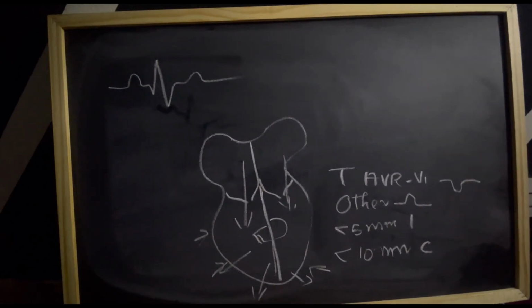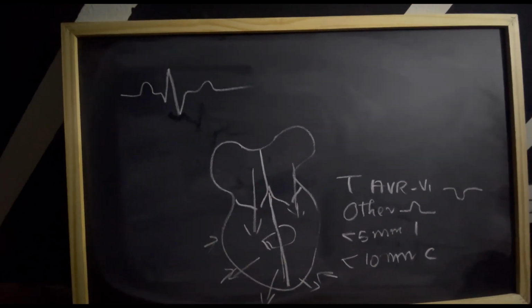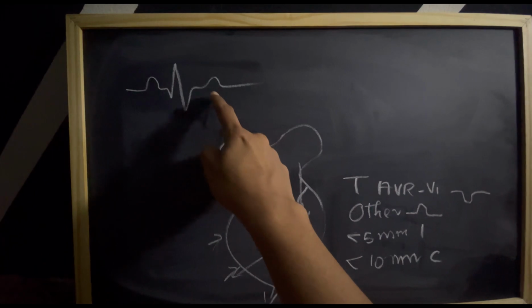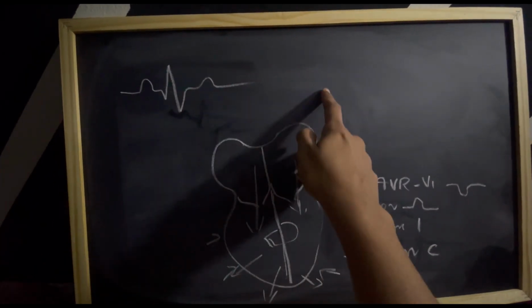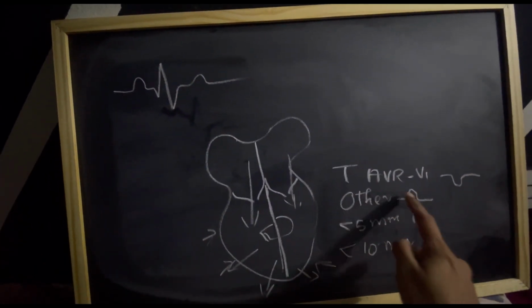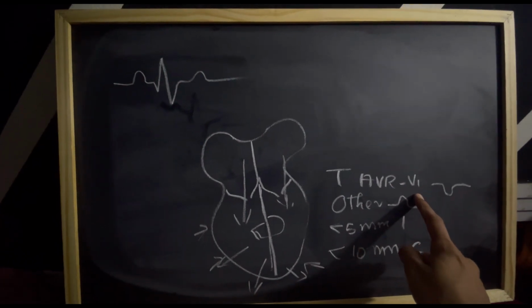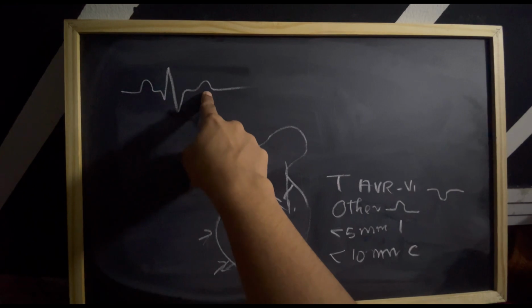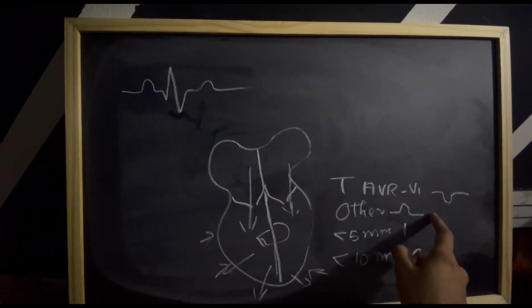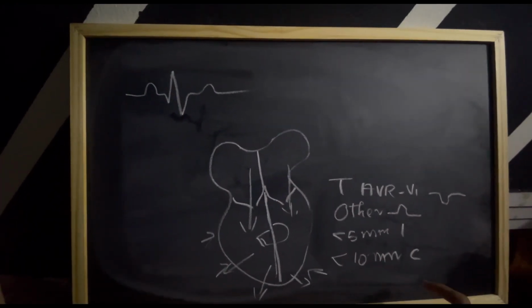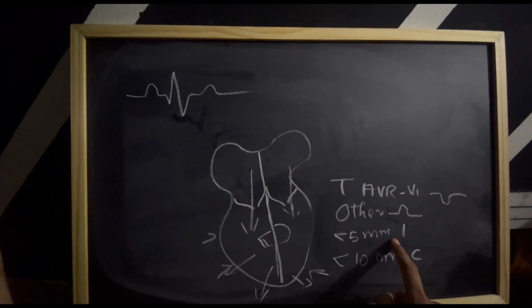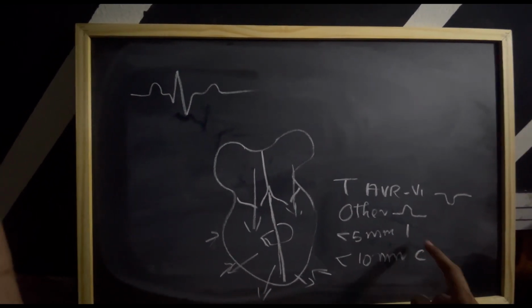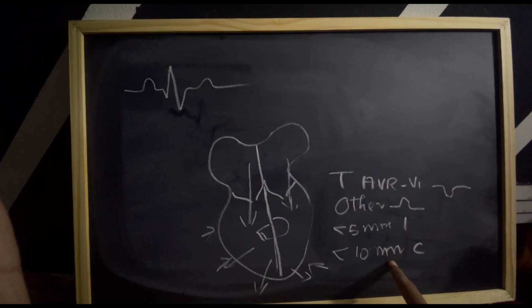The T wave will be upright in all leads except lead AVR and lead V1. In AVR and V1, T waves will be inverted, and the amplitude will be less than 5 mm in the limb leads and less than 10 mm in the chest leads.